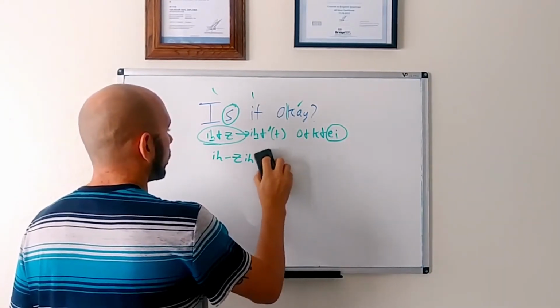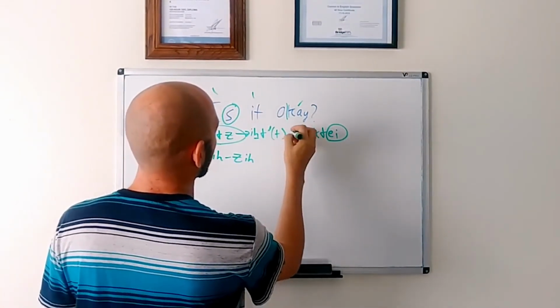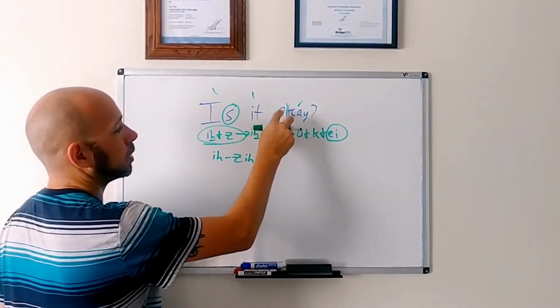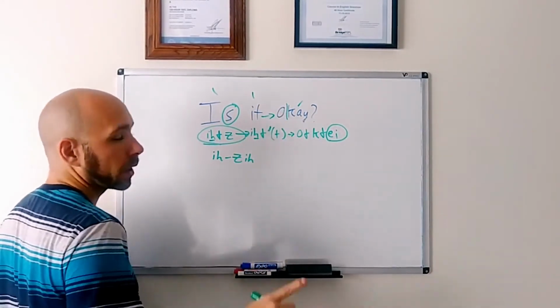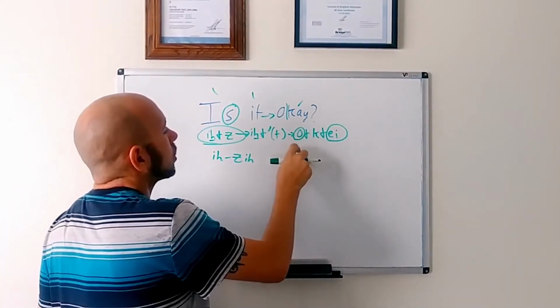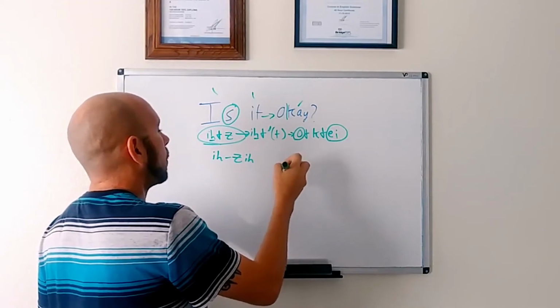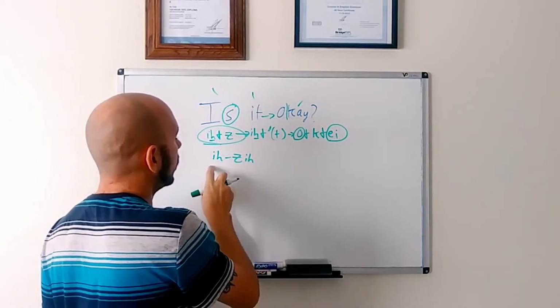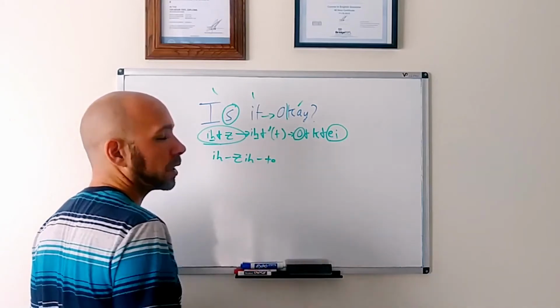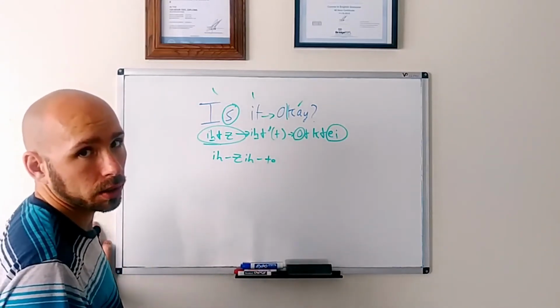But what we're going to do here is look at this. Would the T here connect to the O? Yes, because consonants like to connect to vowels. In British English, it would be "is it okay?"